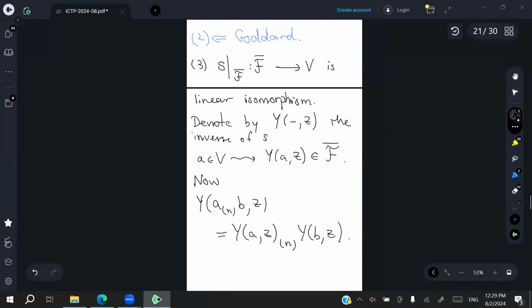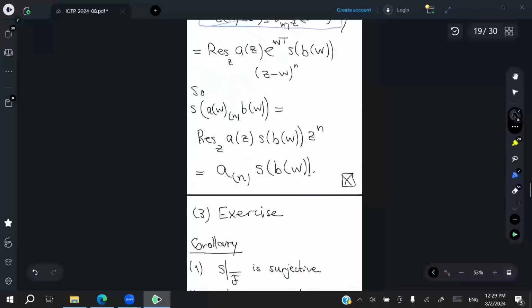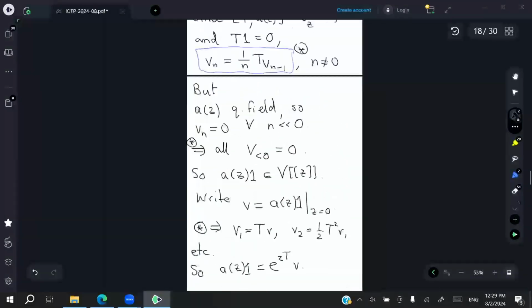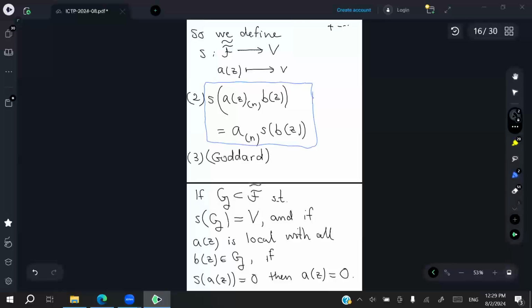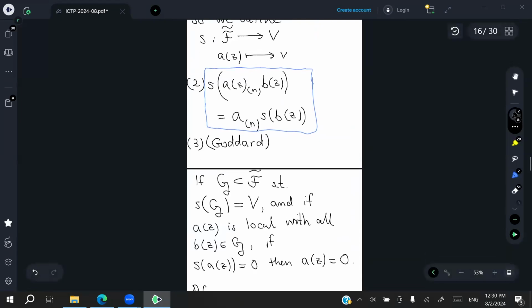If you think about it for a little while, you'll see that it's just a restatement of this second part of the previous theorem that says that S gets along well with nth products and coefficients of quantum fields. Okay.